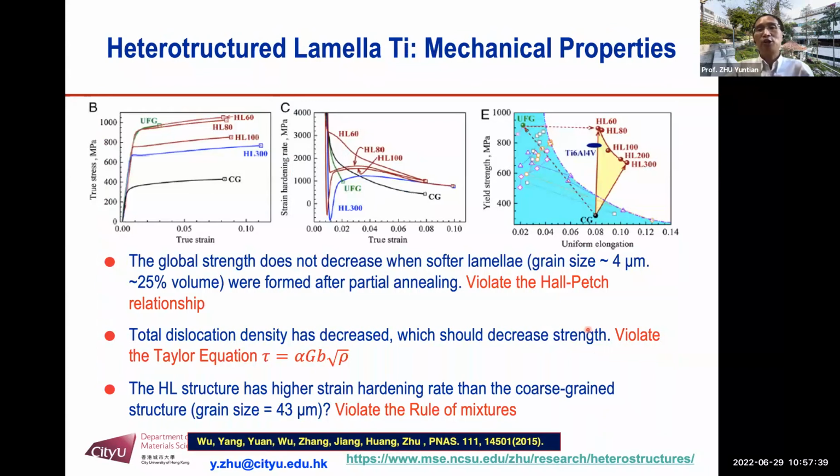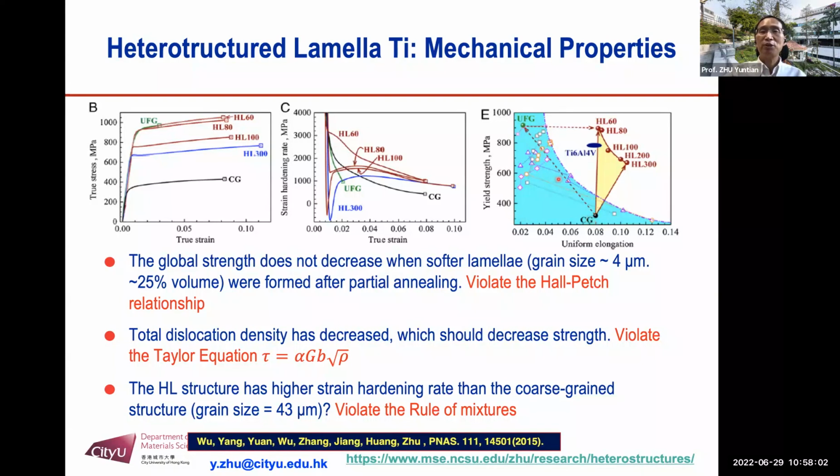Here is the mechanical property. Here's the coarse grain titanium, the same batch of material. It has relatively good ductility. This is uniform elongation, about 80%. However, the yield strength is only like 300 megapascal.